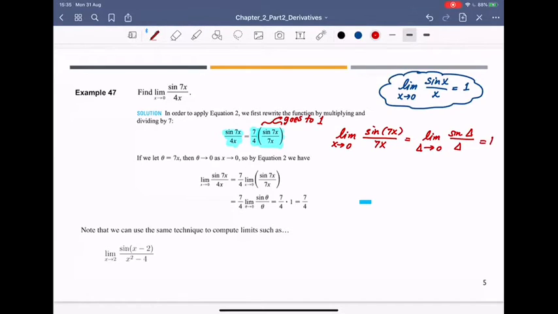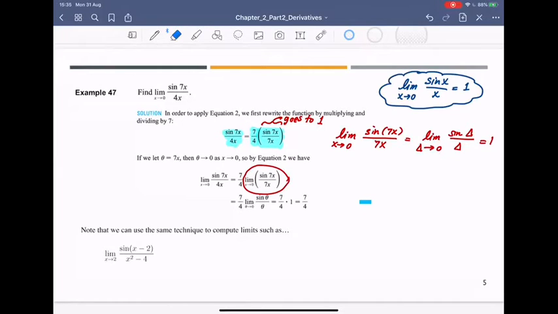Once you simplify that, the thing that I circled in red goes to 1, and that means your answer is 7/4, because you have the constant 7/4 left, right? Does it make sense?